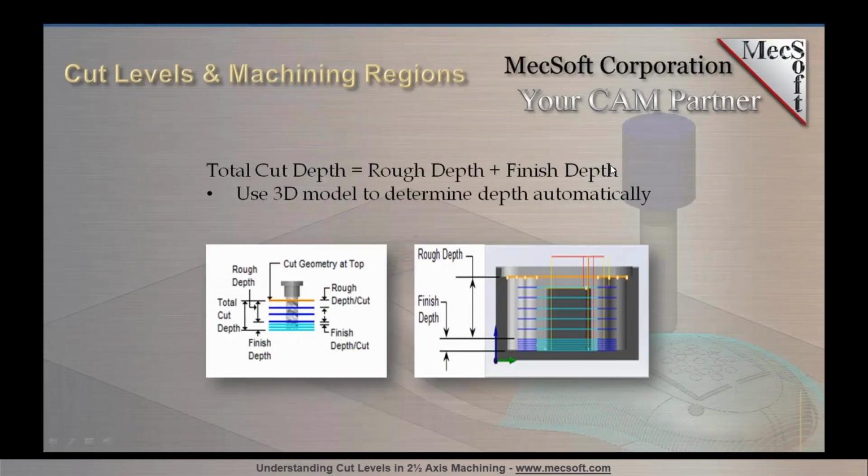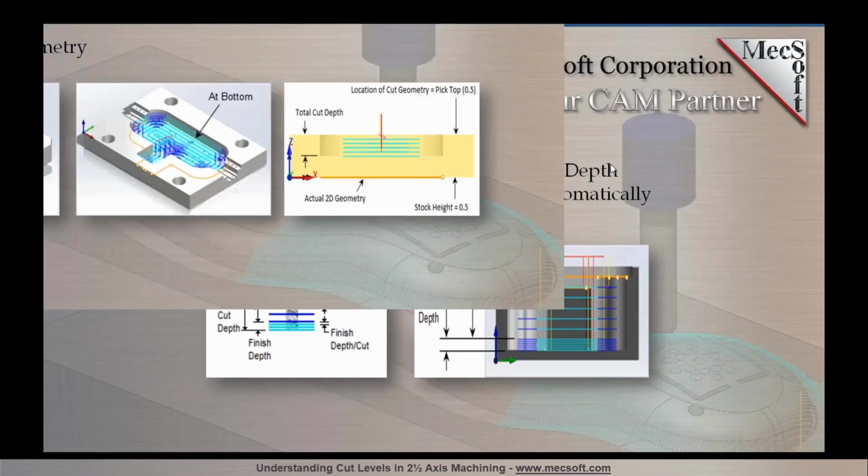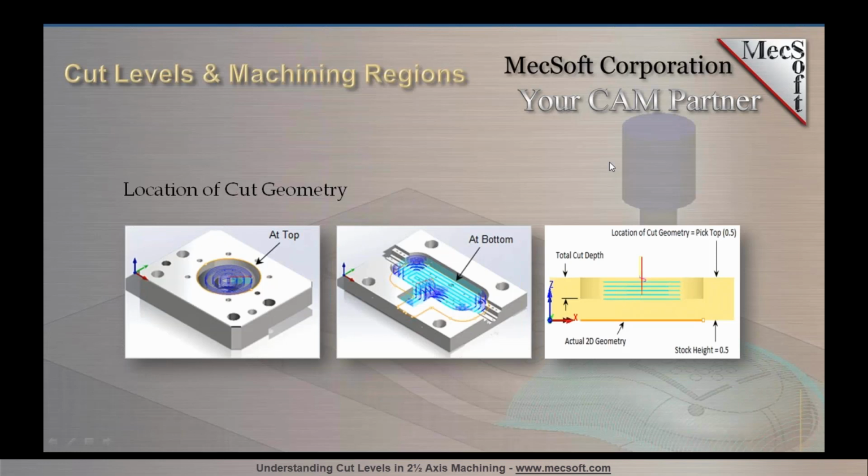The next concept that we will cover is the location of the cut geometry. Since you're doing 2.5 axis machining, it is likely that you have 2D geometry as opposed to 3D geometry. And so the question becomes, how do you identify where the geometry that you're selecting is?